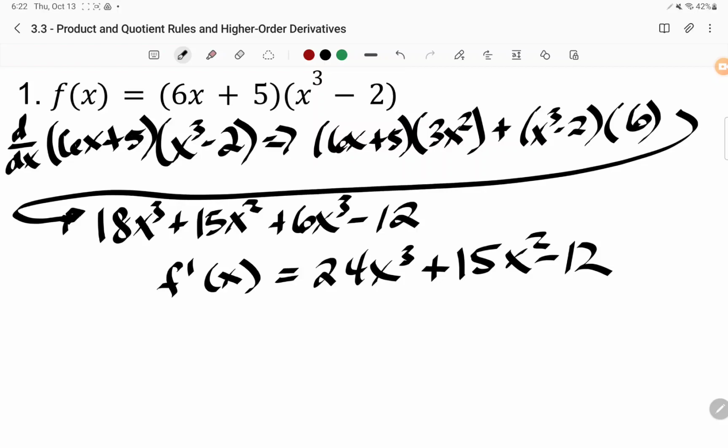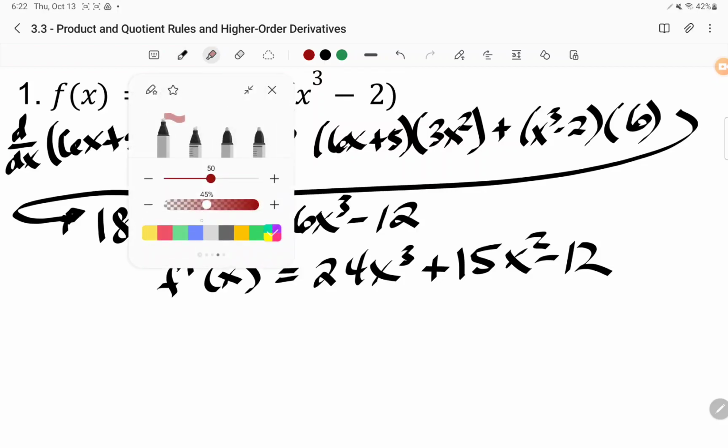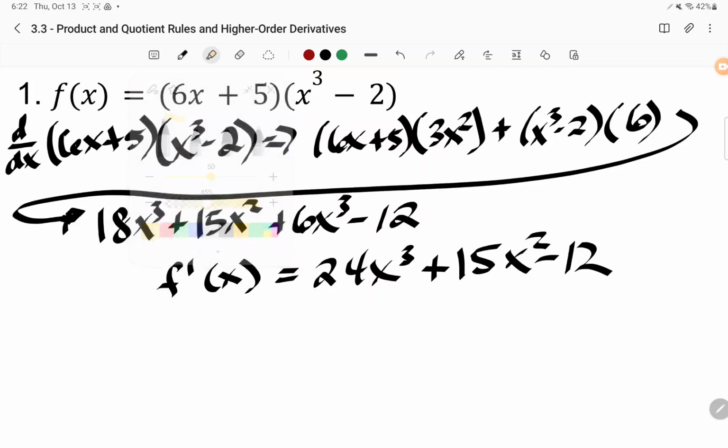So when we find the derivative here, we are looking at the derivative of the first times the second. So we have the derivative of the first times the derivative of the second, plus the second times the derivative of the first. And then here, you're going to have to end up multiplying these in.